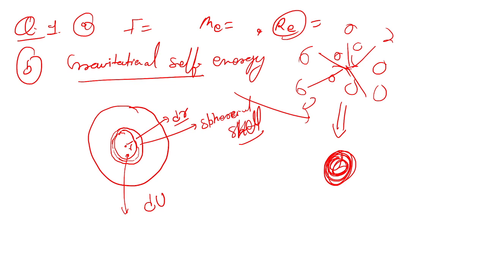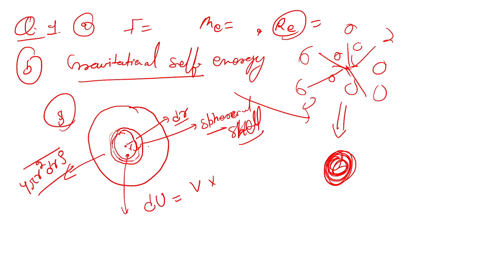So this will be what? The potential because of this small sphere multiplied by the mass it has gained. Mass means the mass of that spherical shell. And what will be the mass of that spherical shell? We can easily derive it by the formula 4 pi r square dr rho, because our radius is considered the same for the spherical shell and that small sphere of radius r. dr is the small width, and rho is the density.